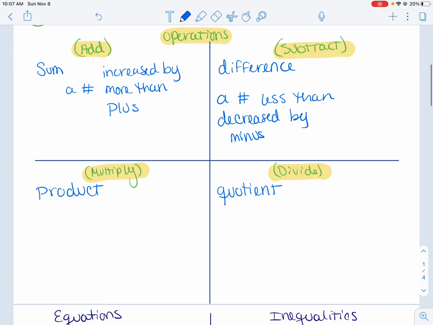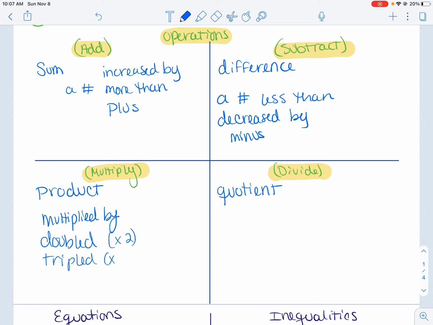Multiplication. So we have product written down. Some other words might be multiplied by. Or sometimes people will say doubled, right? And that means multiplied by 2, tripled, means multiplied by 3, quadrupled, means multiplied by 4.